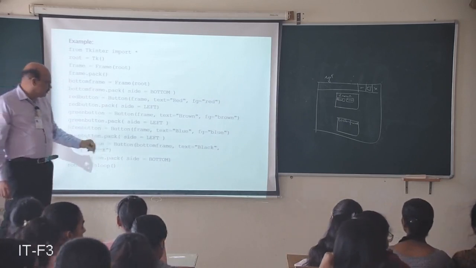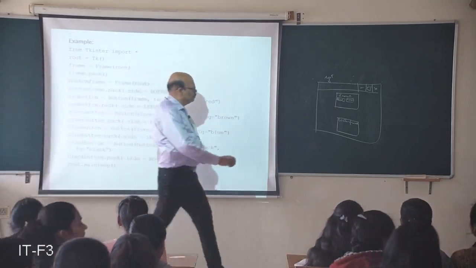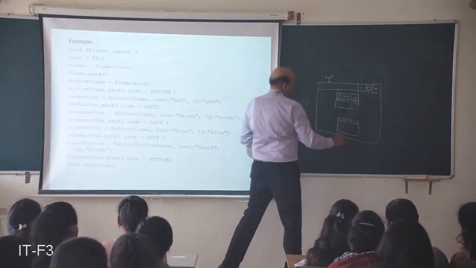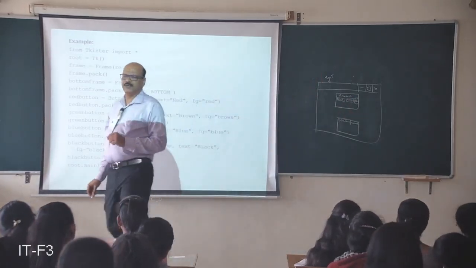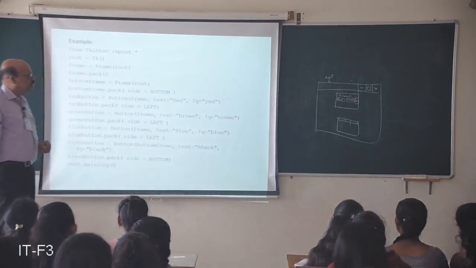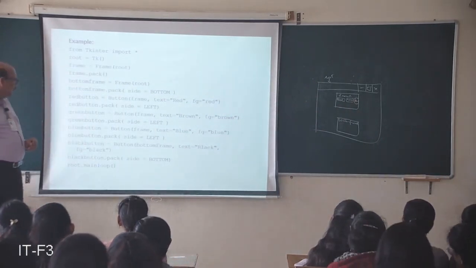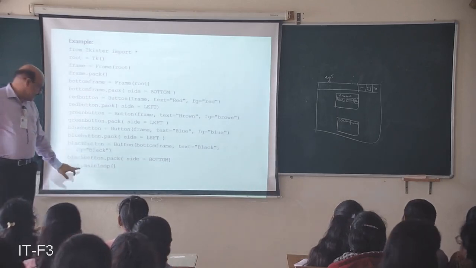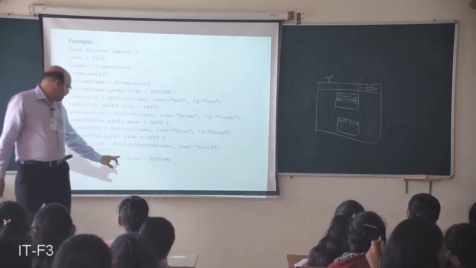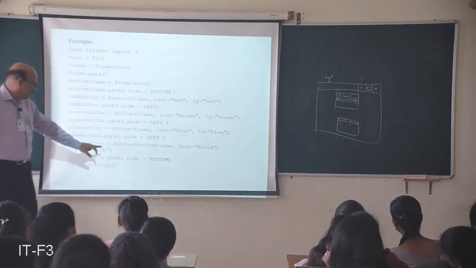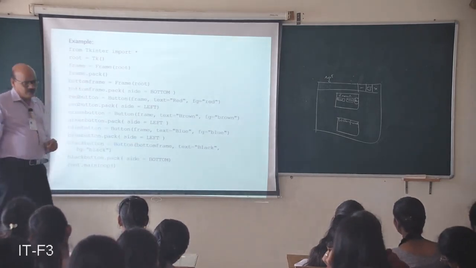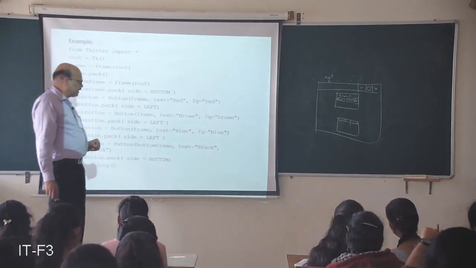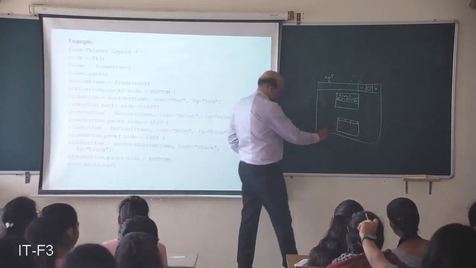Blue also we are creating, and left. So blue also will be created. These are the three buttons that we are connecting to the top level frame. Now the black button, we are creating here in the bottom frame. So only one button, the black button.